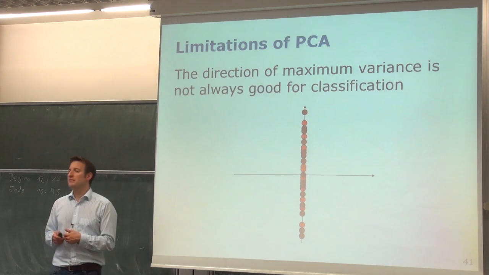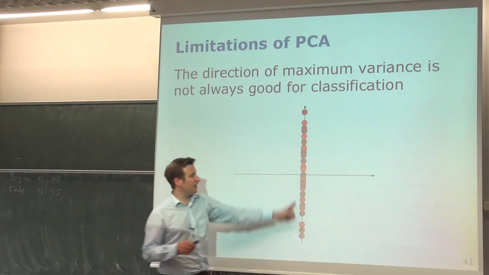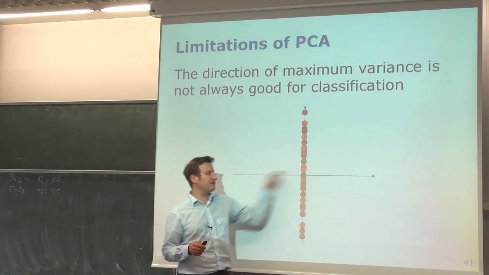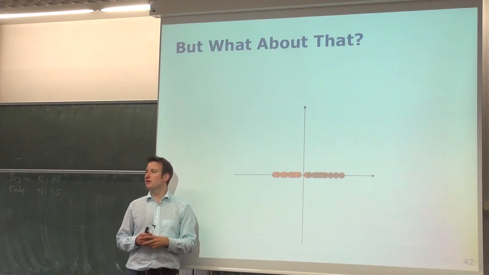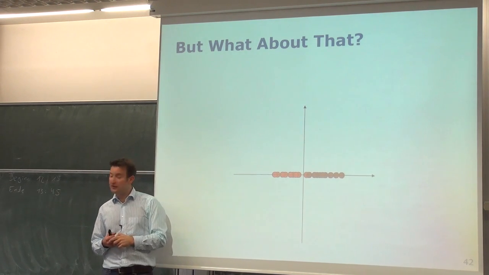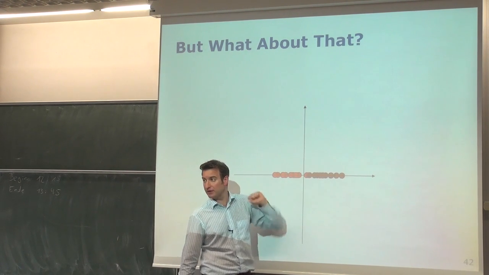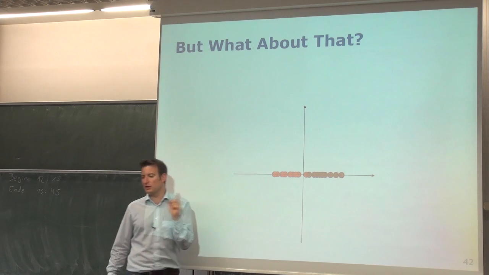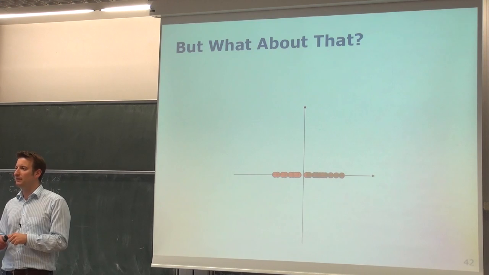We, however, could think about a different dimensionality reduction. Let's say I'm not projecting to this dimension, I'm projecting along this axis. If I did that, the points would be projected along these lines, and that's okay. Here I can actually do a pretty good split somewhere over here. So there is a low dimensional space which still allows me to separate the classes well, but PCA won't find it.